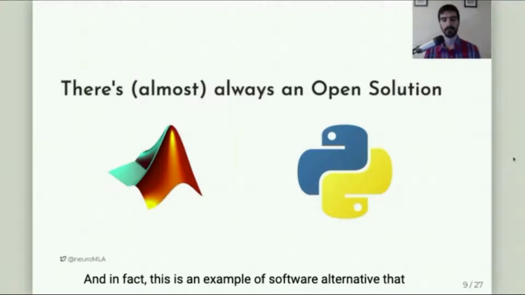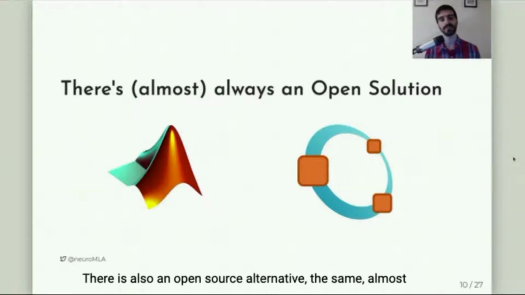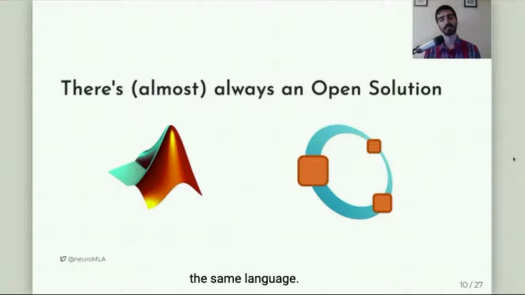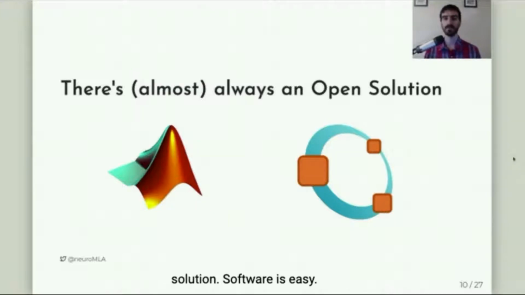This is an example of a software alternative that includes changing the language, but in fact, you don't have to change the language. There's also an open source alternative in the same or almost the same language. So as the title says here, there's almost always an open solution.